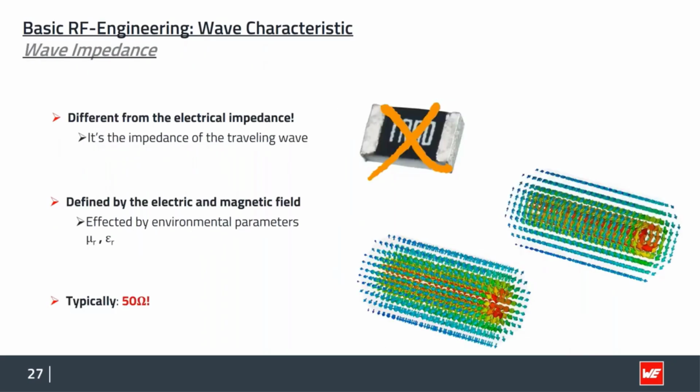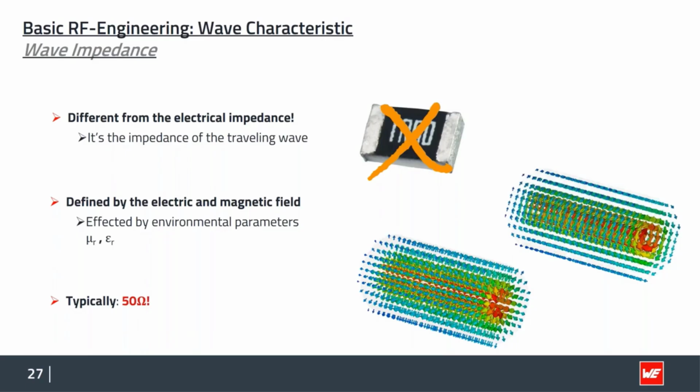Then we need to know about the wave impedance. So this is the initial impedance, or the intrinsic impedance, of the traveling wave that is only affected by the environmental parameters μr and epsilon r. So relative permeability and relative permittivity, so for magnetic and electric field. And typically the impedance of the traveling wave, or the wave impedance, is 50 ohm.